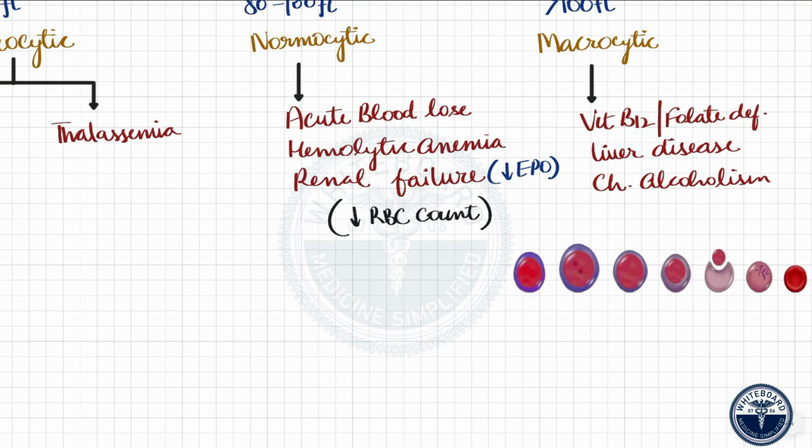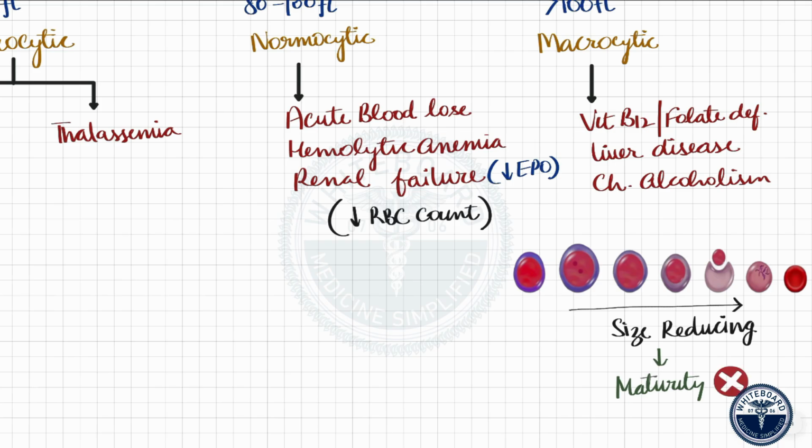When RBCs mature in the bone marrow, their size keeps reducing. As vitamin B12 and folate are the raw materials required for synthesis and maturation of RBCs, in deficiency of raw material, the maturation doesn't happen, and that will lead to a macrocytic anemia.